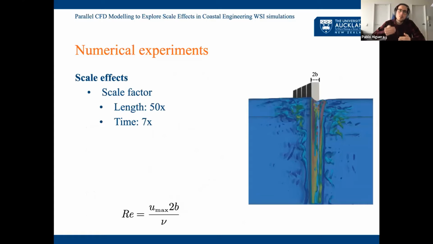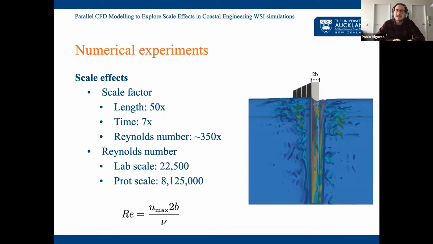Nevertheless, we wanted to go one step further and ask ourselves, yeah, we're applying Froude scaling, but what happens with turbulence? So if you apply a length factor of 50 times and a time factor of 7 times, what we're doing to turbulence is actually blowing it up by a factor of 350, and that's massive.